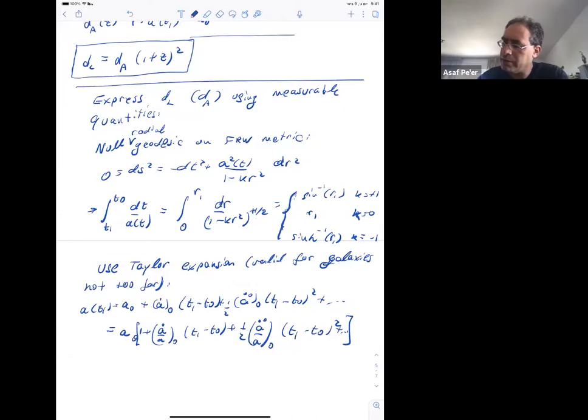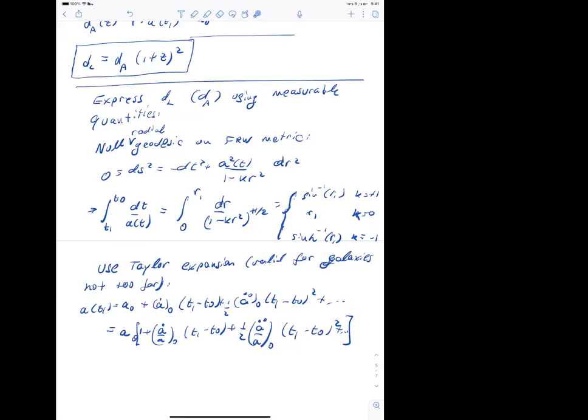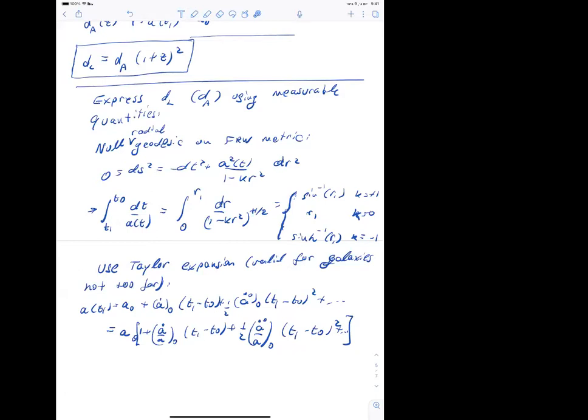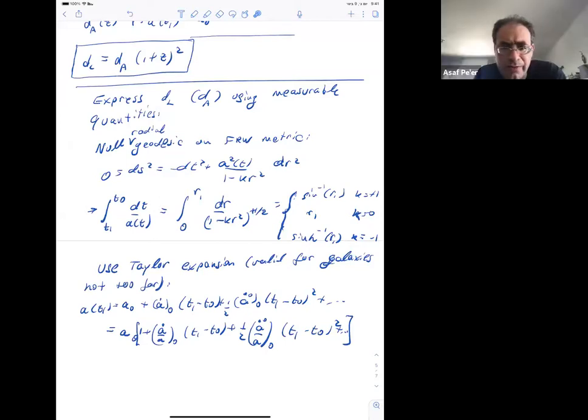We are doing integration here from T1 to T0 of dt over A of t. Yes, but why do you have to assume that the galaxies are not too far from each other? Otherwise I cannot use a Taylor expansion, basically. But it's the same A on this galaxy and the nearest galaxy, and also on a galaxy far away, right? But right now you can think of a single galaxy which is not too far.